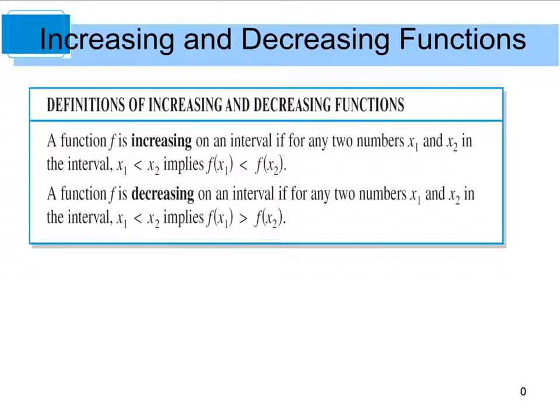By definition, a function is increasing on an interval if for any two numbers, and we'll call them x1 and x2, if f of x1 is less than f of x2, then we say that the function is increasing. A function is decreasing on an interval if f of x1 is greater than f of x2.